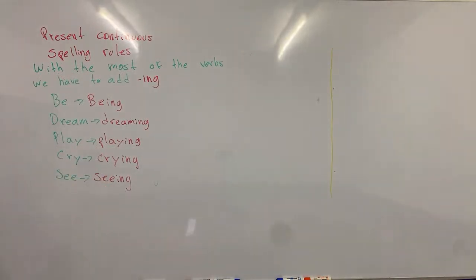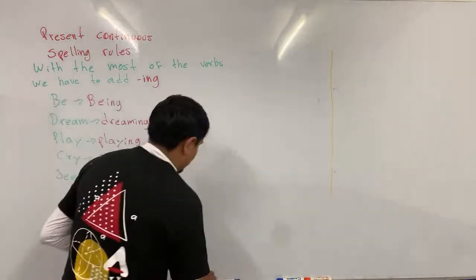There are some exceptions for this one, but there are some exceptions. The verbs ending in silent e. This is the first rule.